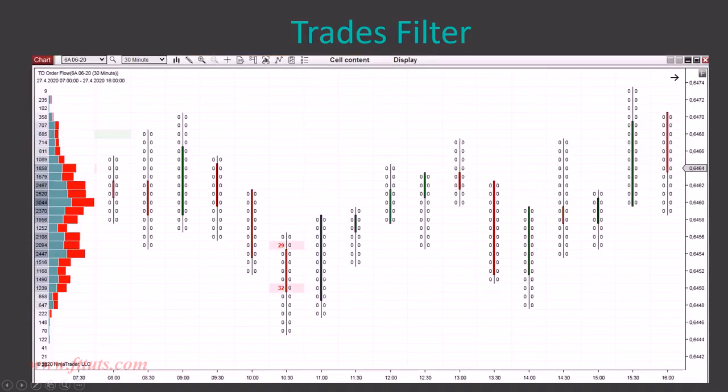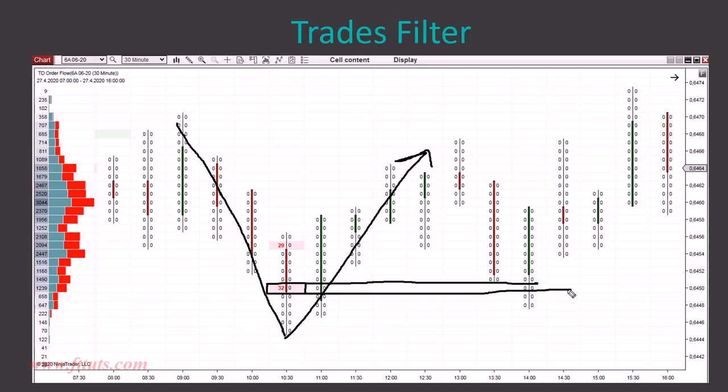Alright, so let's have a look at another example. Now in here you don't have this line printed, because this line gets printed only until it gets tested, but it didn't really get tested in here. There was a selling activity, then the price turned, and the price went upwards. What turned it is those guys in here, 32 contracts.